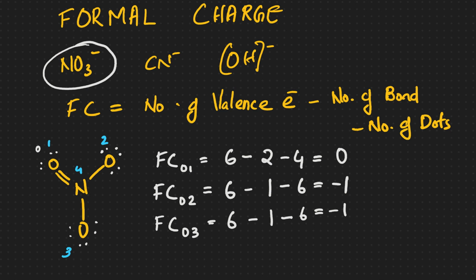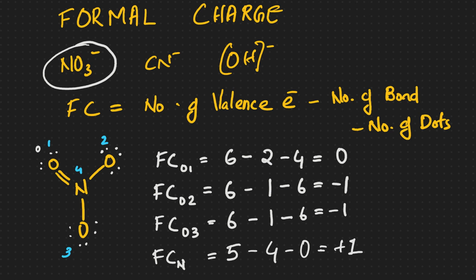Because of the nitrogen. We will calculate the formal charge for nitrogen. For nitrogen the valence electrons are 5, the number of bonds is 1 2 3 4, so 4, minus no free electrons, so it equals plus 1.